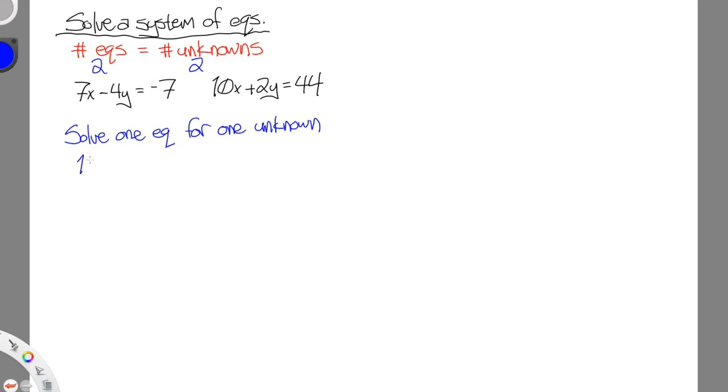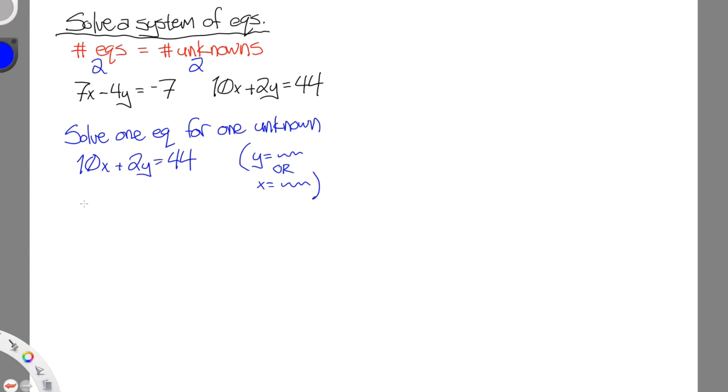So I'm going to take this 10x plus 2y equals 44, and I'm going to solve it for one of my unknowns. So I want to write it so it either looks like this: y equals with all of the rest of the stuff on the other side, or x equals with all of the rest of the stuff on the other side. So I'm going to solve this one for y.